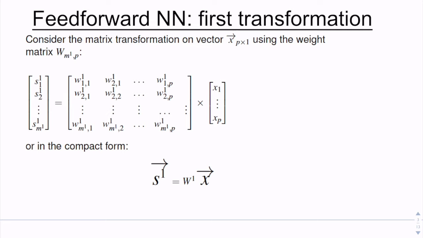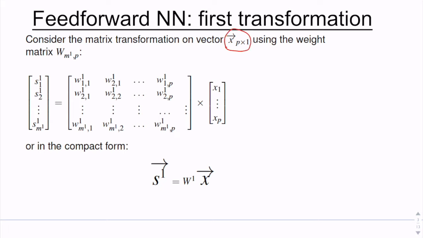Either you rotate that vector, or compress it, or stretch it. So the first step in a neural network is taking the input, and here we denote the input as a vector of dimension p. That means we have p input features.